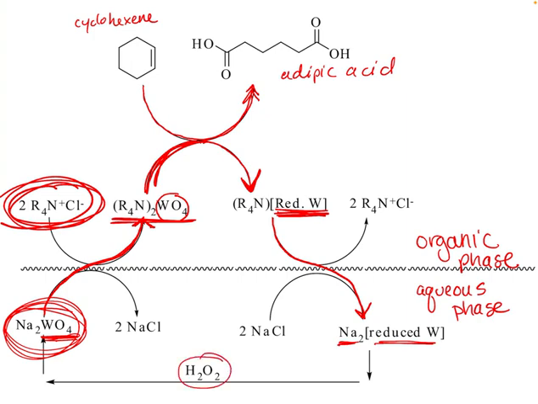Then hydrogen peroxide can oxidize tungstate back into its original form. This is just a cool way of showing all of the different interactions occurring during this reaction. You don't really have to know all the ins and outs, but I wanted to show you why we're using a phase transfer catalyst. It's to bring that tungstate out of the aqueous phase into the organic phase so that it can help cyclohexene turn into adipic acid.